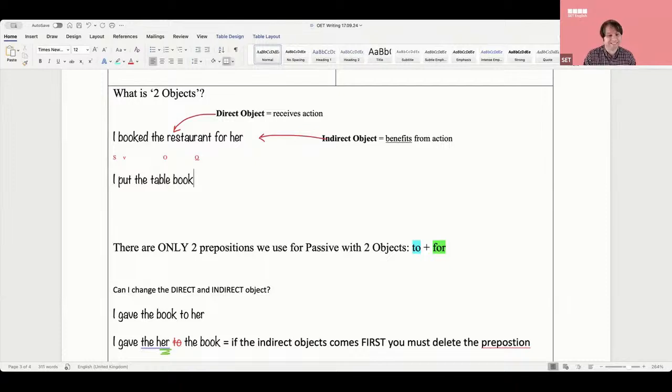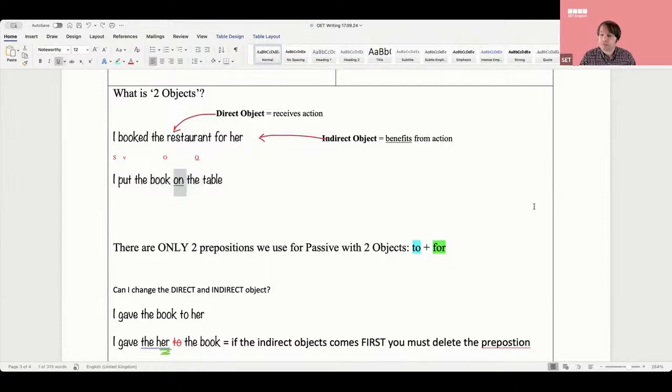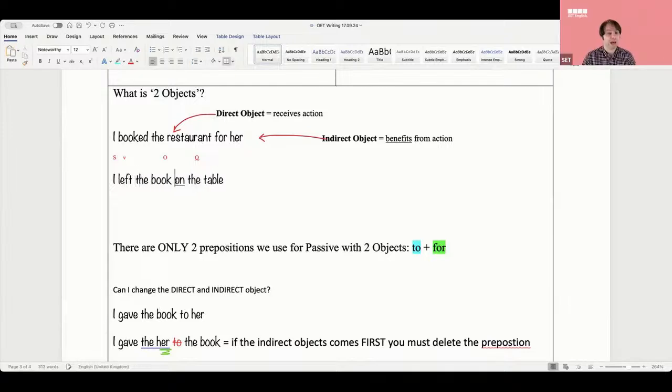No, that doesn't make sense. If you use on, it's not two objects. Same with I left the book at your house. Again, it's not two objects.